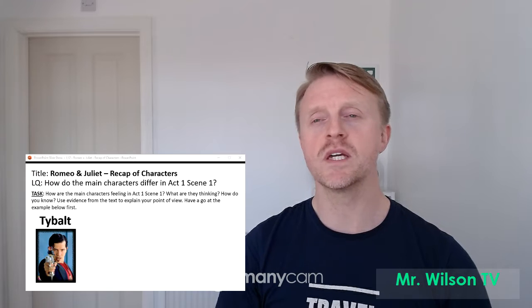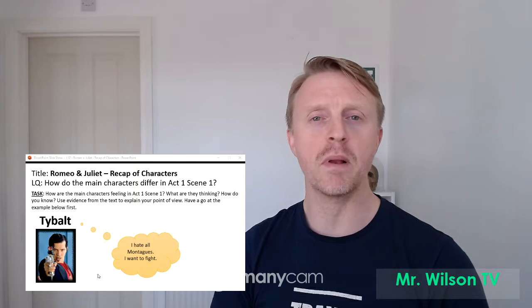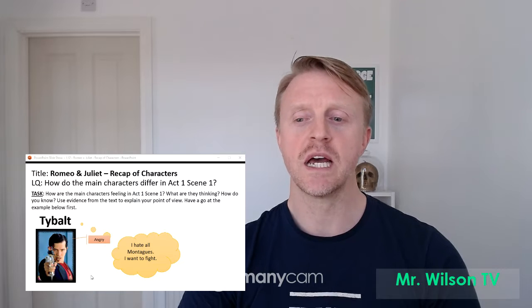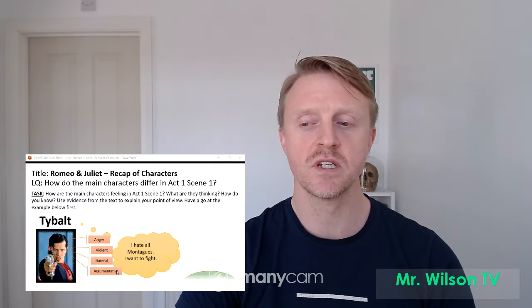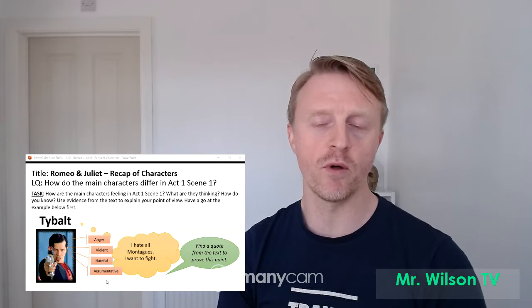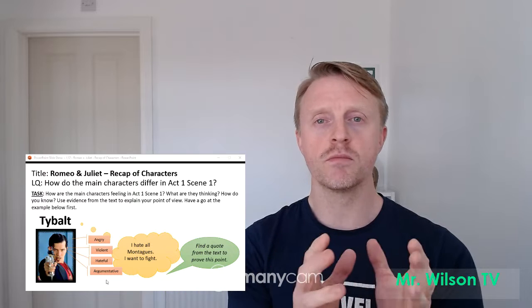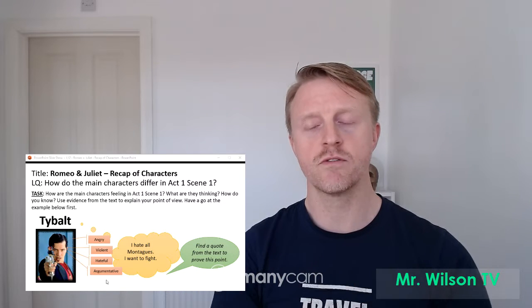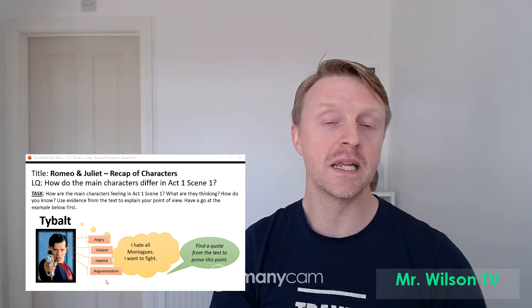So if you think that Tybalt, for example, believes that he hates all Montagues and just wants to fight, which is perfectly believable, we could say he's angry, violent, hateful, argumentative, but we need to find a quote to support that. So your first task now is to find a quote from Act 1, Scene 1 from Tybalt that justifies our belief that he hates all the Montagues and wants to fight.